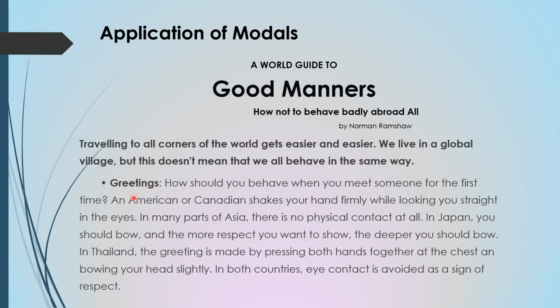Here are some examples. An American or Canadian shakes your hand firmly while looking you straight in the eyes. In many parts of Asia, there is no physical contact at all. In Japan, you should bow, and the more respect you want to show, the deeper you should bow.